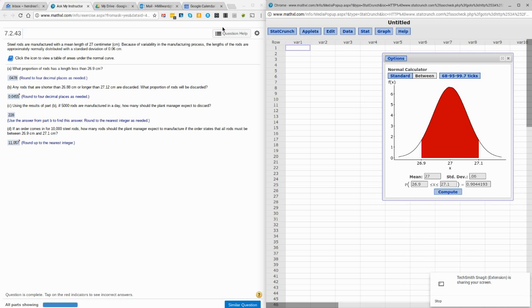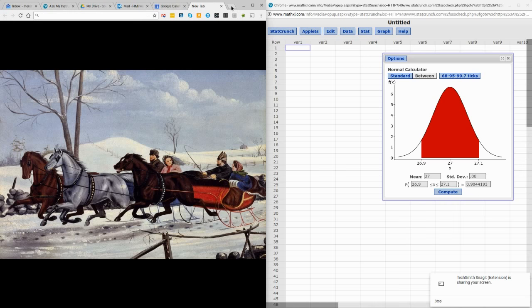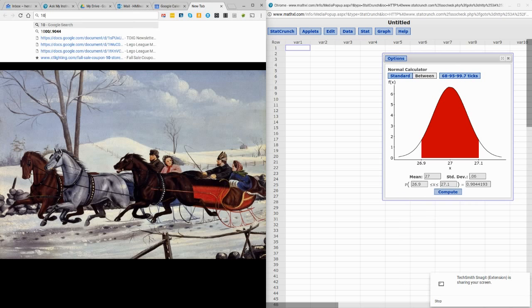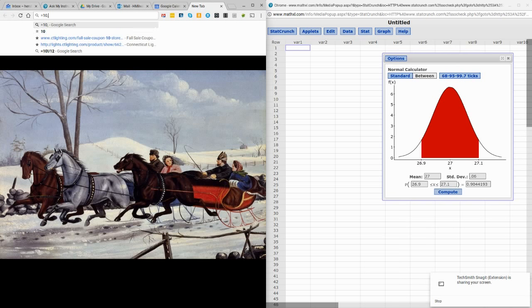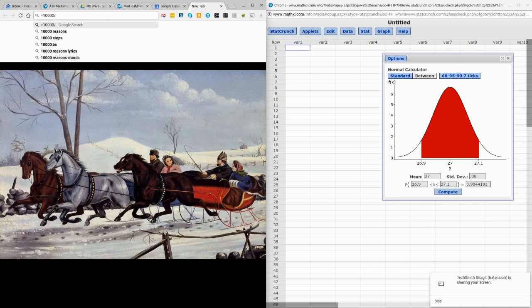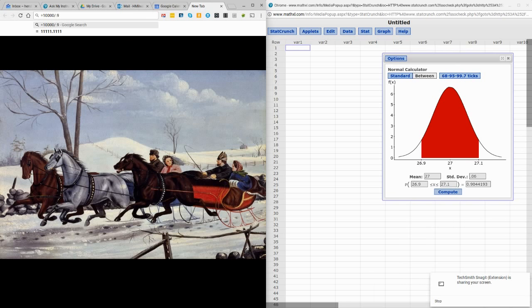So all we have to do is, it's just an equation, right? You take the number you want, 10,000, and divide it by the percentage, which is here 90.044193.